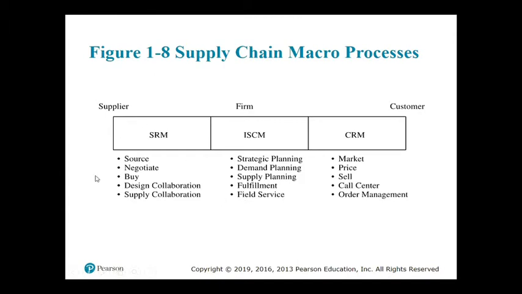Facing suppliers, we may deal with sourcing decisions, right, who to buy from, and negotiation between this firm and the supplier, and then the actual purchase orders. And sometimes in a more integrated supply chain, you may also decide to collaborate with suppliers on the actual design and the supply process.